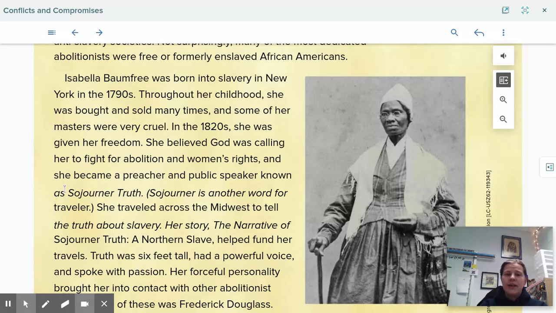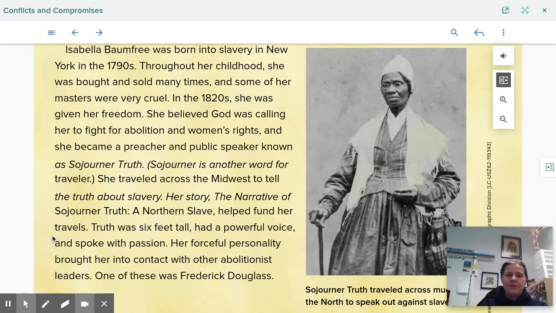Sojourner is another word for traveler. She traveled across the Midwest to tell the truth about slavery. Her story, the Narrative of Sojourner Truth, a Northern Slave, helped fund her travels. Truth was 6 feet tall, had a powerful voice, and spoke with passion.